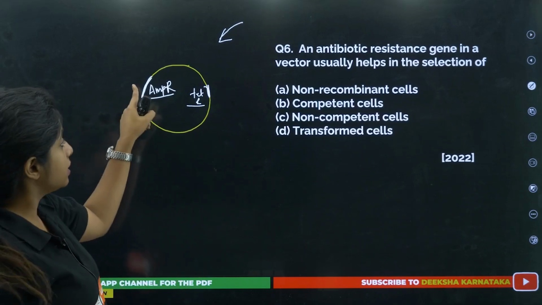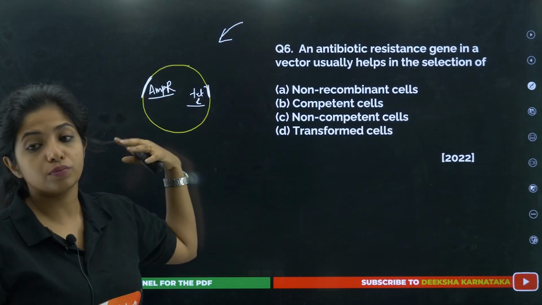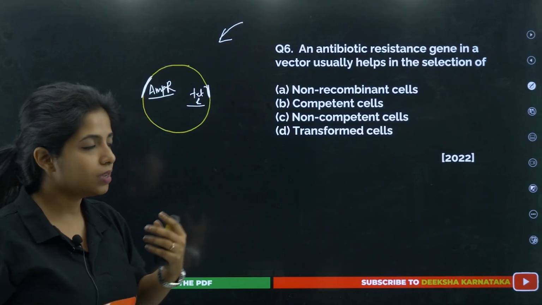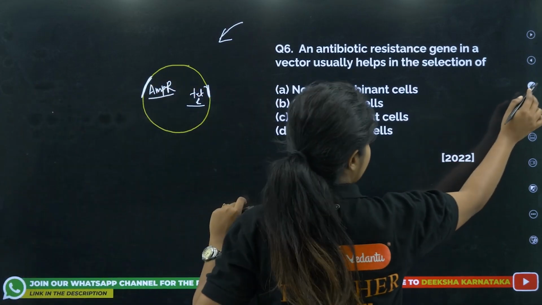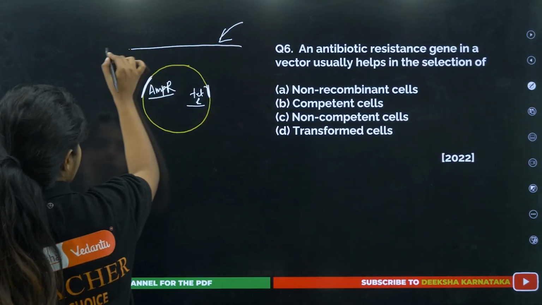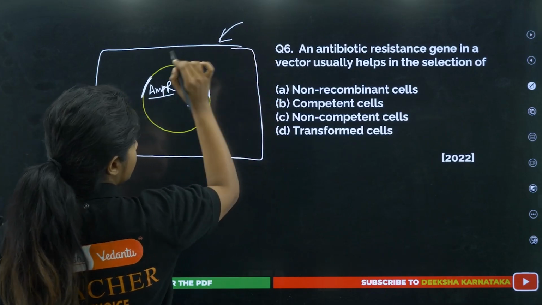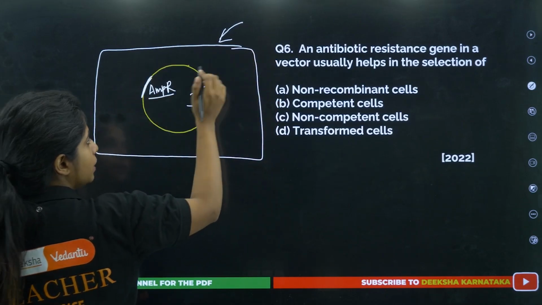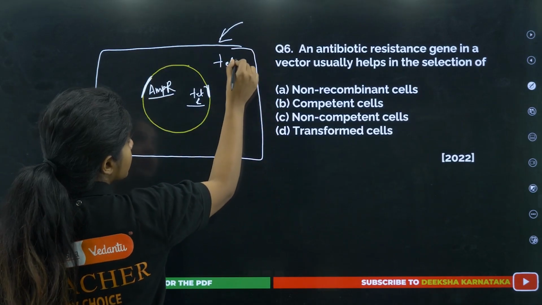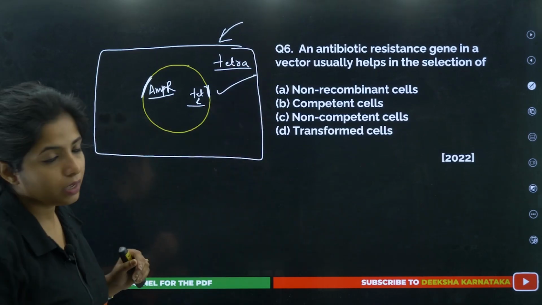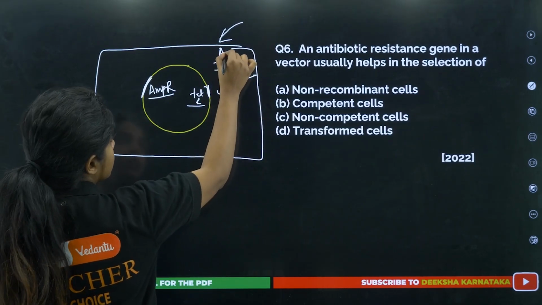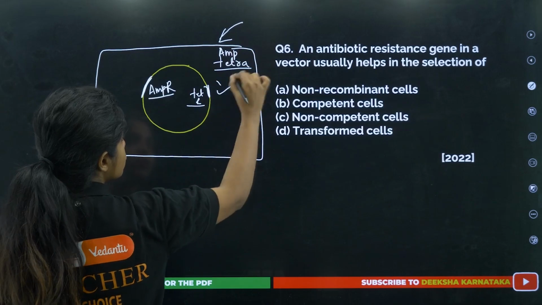Now, when does this antibiotic resistant gene become useful and how? Suppose this is the tetracycline resistant gene. Initially, remember that this bacteria, whoever had this plasmid, was able to grow in tetracycline, and whenever I was growing it in ampicillin, it was still growing.